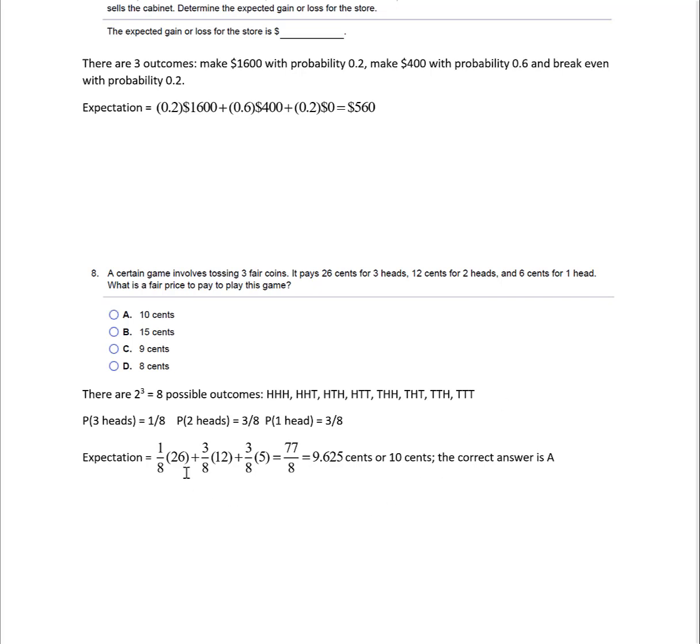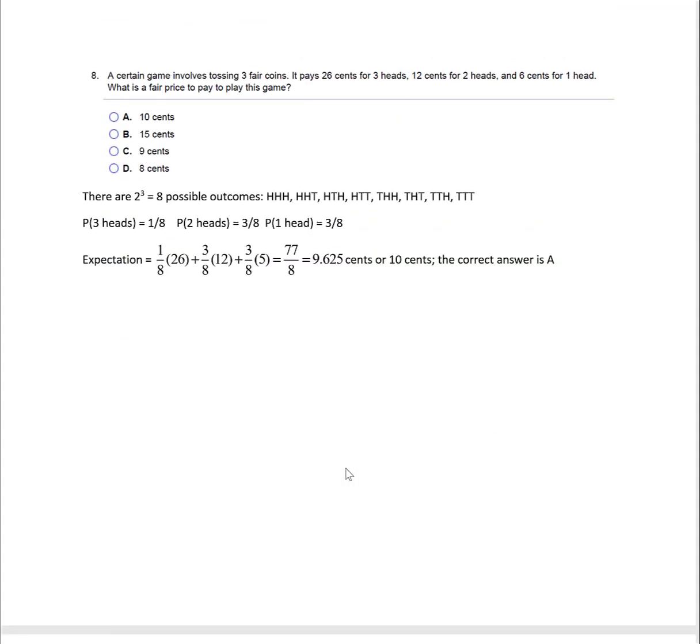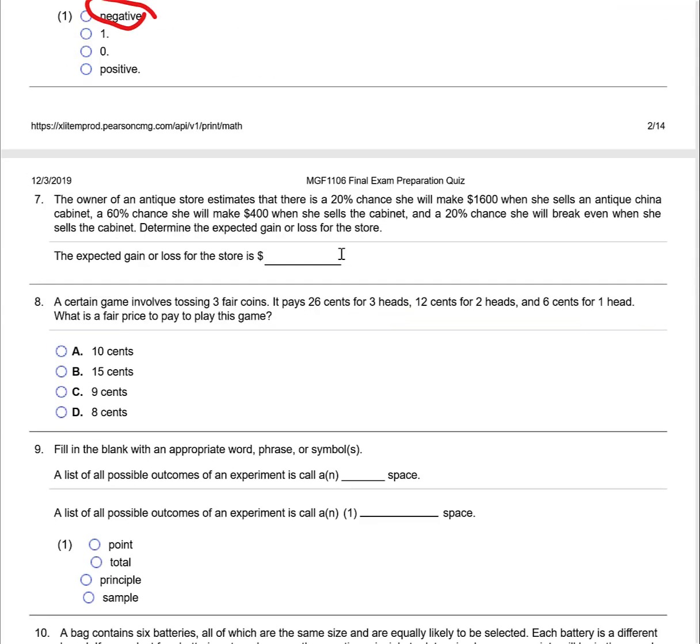And I put those together again down here in the expectation formula. And I got an expectation of 9.625 cents. And remember that a fair ticket price would be when the expectation plus the price to play equals 0. So the fair ticket price for this would be $10. I'm sorry, 10 cents, not $10. Apologize for that. All right, so let's keep going over here.